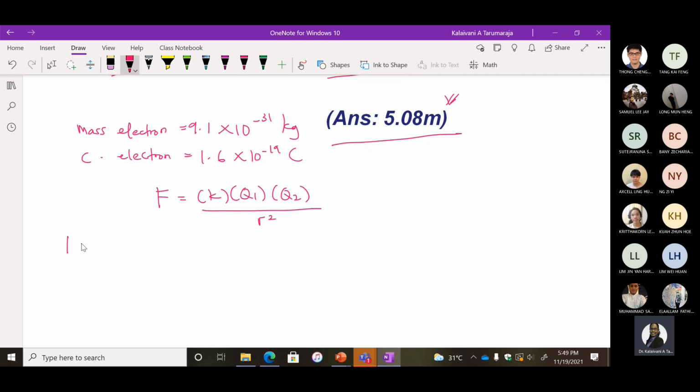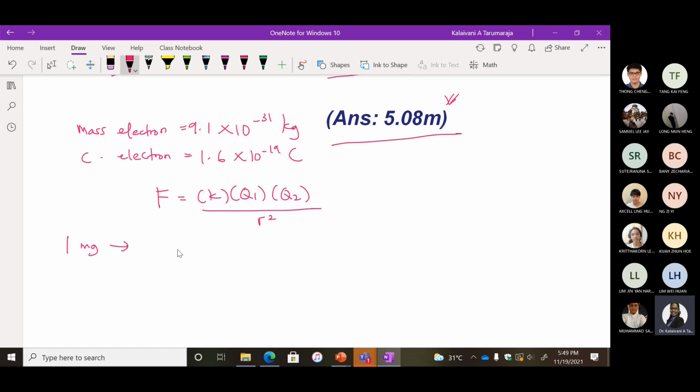For example, 1 milligram, when you convert to Newton, Miss can't remember, but it should be 0.00000098. Later on, please check when you convert your milligram.